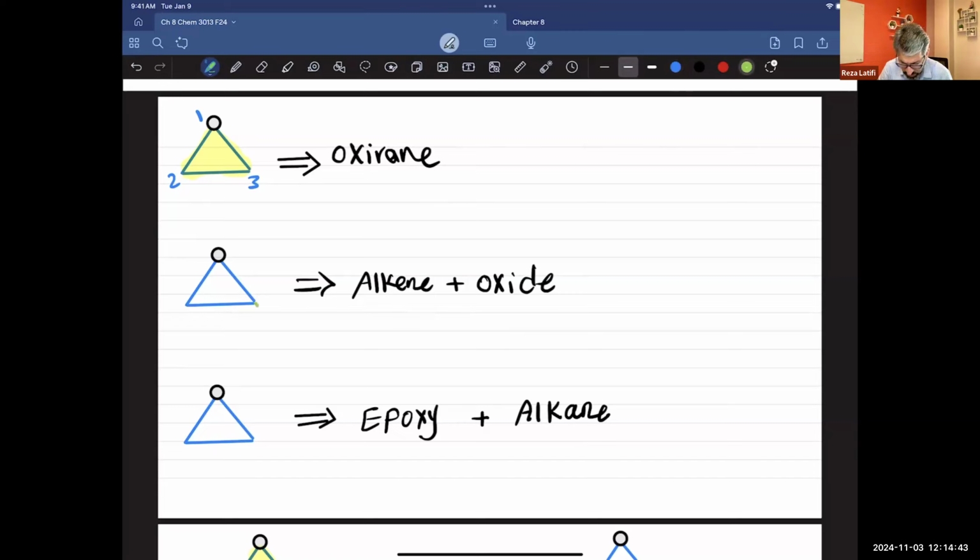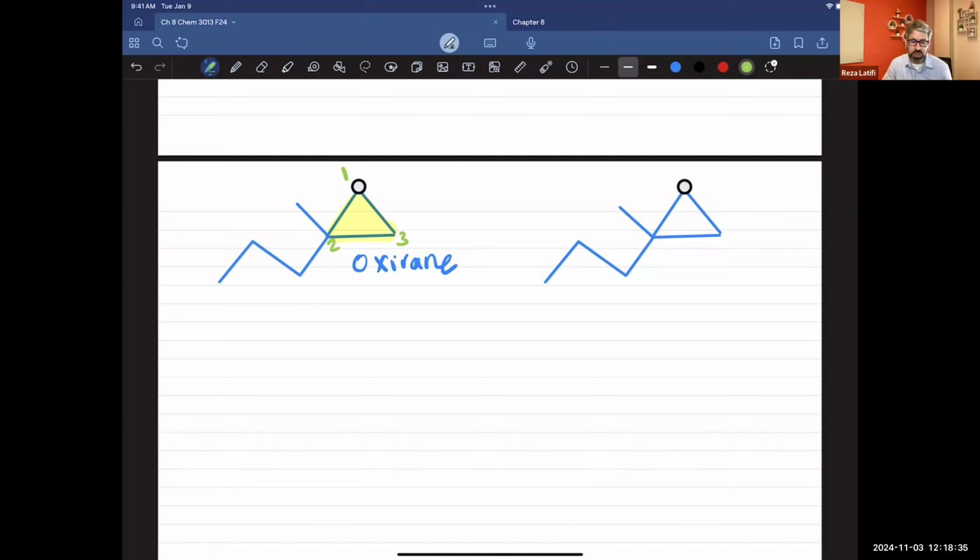In this case, I have a molecule that has two substituents, and on the left side I highlighted the ring, so I'm going to call this one oxirane. What do I have there? I have 1, 2, 3. Why did I start from the left side instead of the right side? Because on the second carbon I have two methyls.